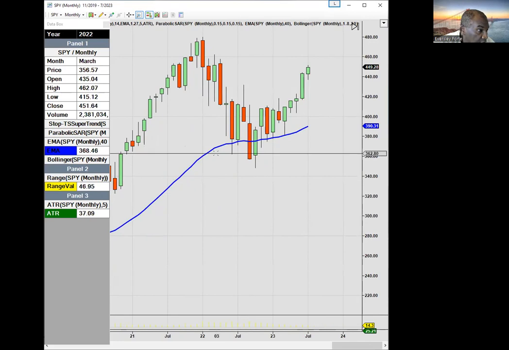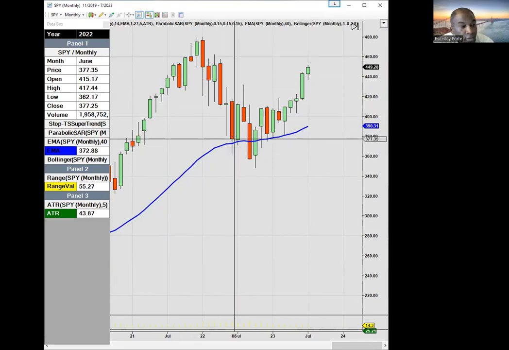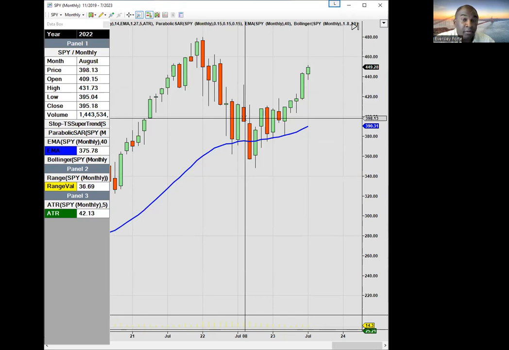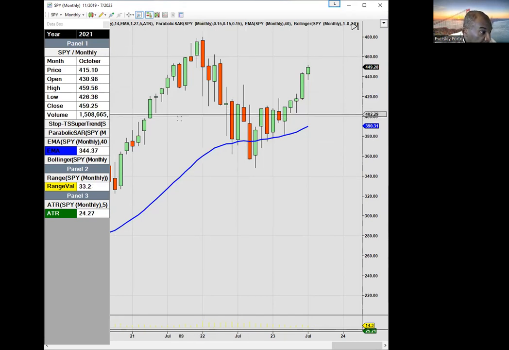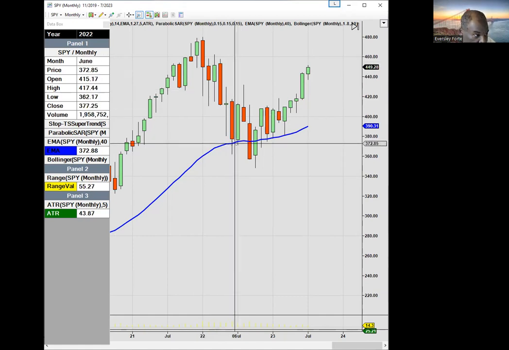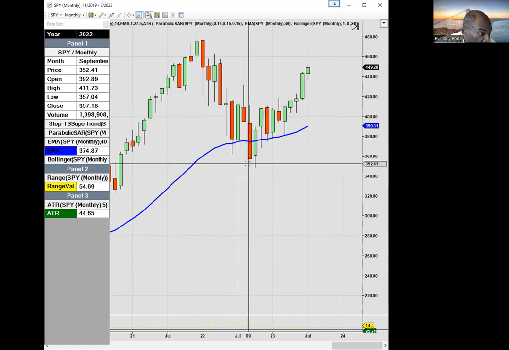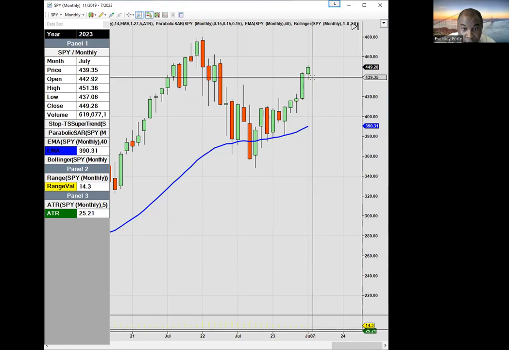This was 2022, market pulled back. People were freaking out about, we're going into a recession, we're doing this, we're doing that. Every couple of years, markets will pull back to major support and right back above, pull back to major support, right back above, uptrend never broken.